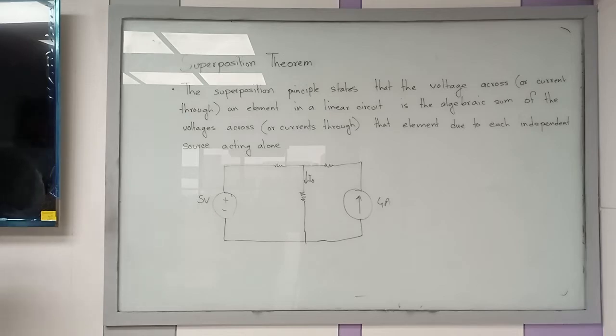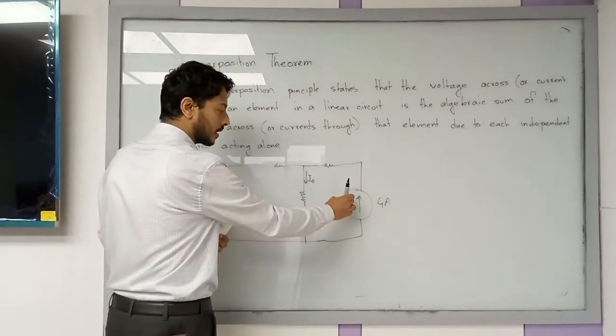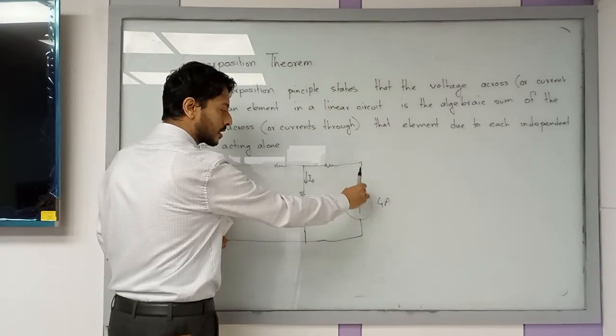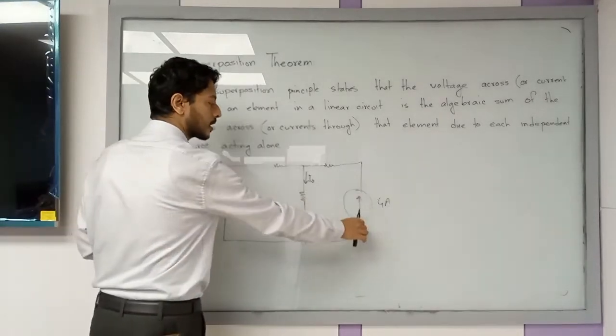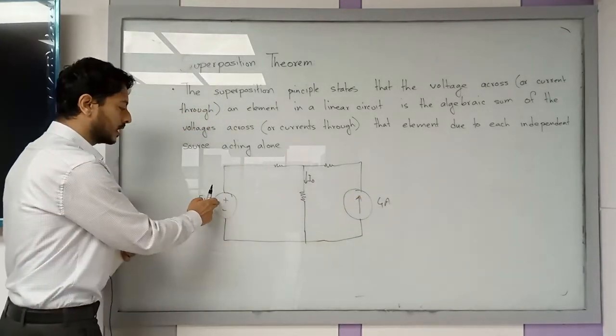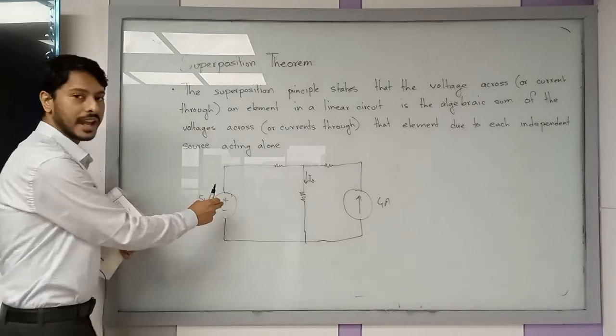Okay? So you have to use one source at a time. If you remove this, basically this current source gets shorted. This end gets shorted when this power source is active.